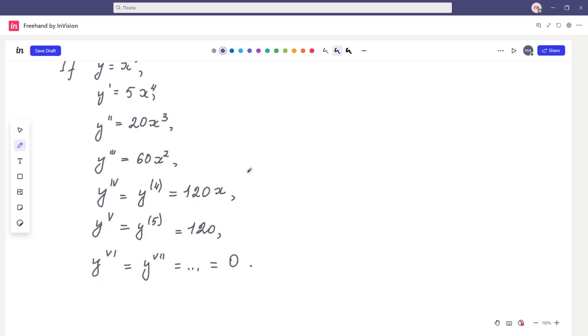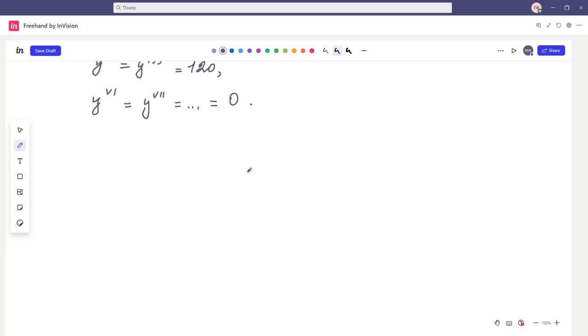Consider an example. Example 1. Given a function y is e to the power of kx, k is constant. Find the expression of its derivative of any order n.